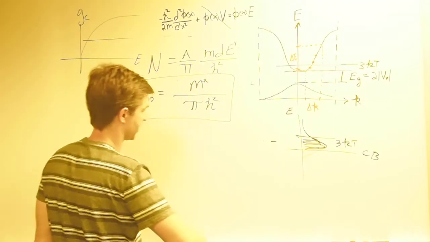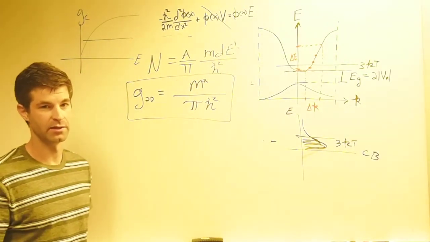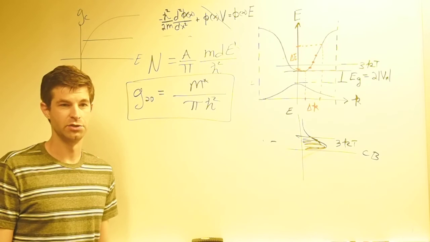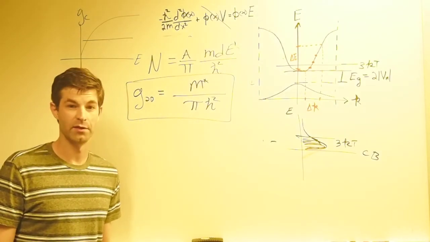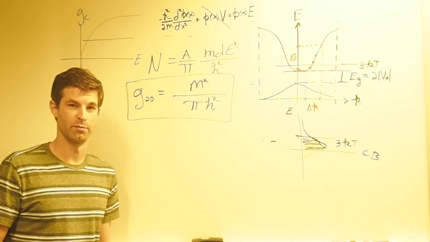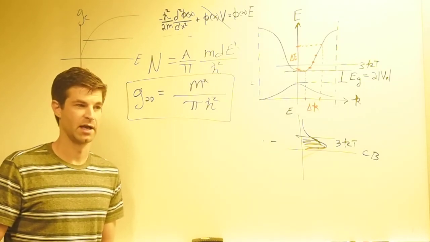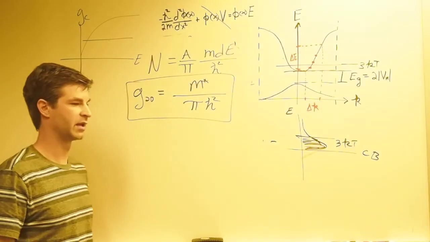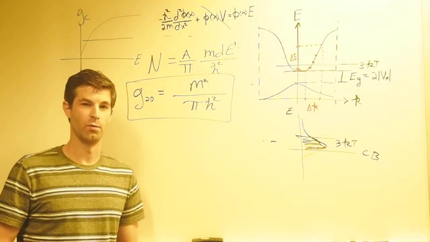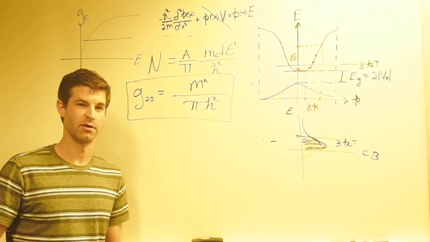What's an application where you would see a 2D density of states? You'd see it in 2D materials such as graphene, or MoS2, which is another popular one being used in semiconductors right now. Aside from that, we also see it inside quantum wells in compound semiconductor heterostructures.